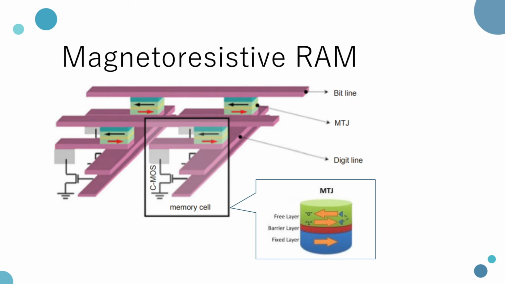In the magnetic tunnel junction structure, the bottom layer is pinned by an external force, and the upper one is called the free layer, whose electrons change their spins in response to an external magnetic field.